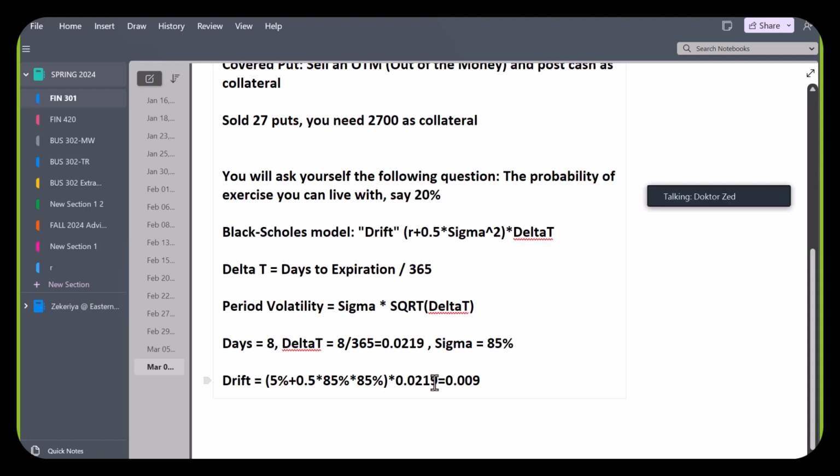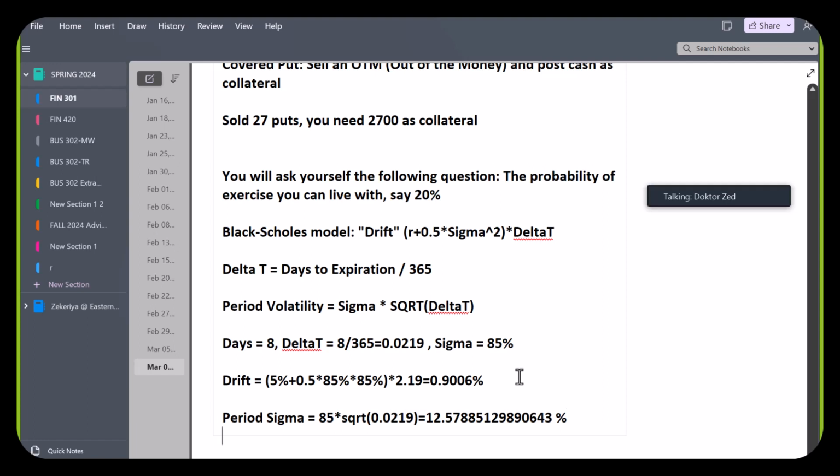In fact, I'm going to multiply so that I can get more digits. That's percent. And period sigma, 0.85 times square root of 0.0219.